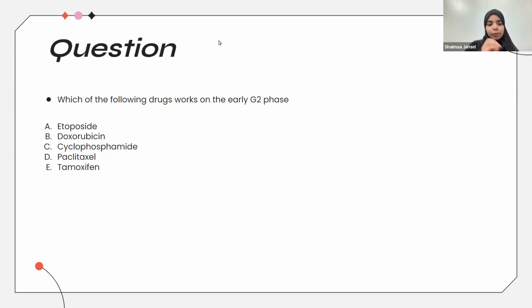Non-phase specific, but most active in S. Etoposide also works on S phase and early G2. Cyclophosphamide? Non-specific. Paclitaxel? M, and vincristine is also M. Tamoxifen is hormonal, non-specific. Okay, perfect. So yeah, the answer is etoposide.